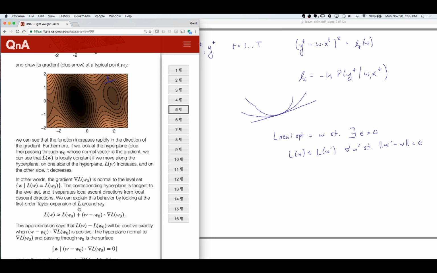Because the Taylor expansion says, at least approximately, that L of w minus L of w0, so the increase in L, will be positive exactly when this term is positive, meaning that your difference from w0 has a positive dot product with the gradient. Having a positive dot product with the gradient means exactly that you're on this side of the hyperplane, having a negative dot product with the gradient means you're here, and the hyperplane is exactly where you have 0 dot product.